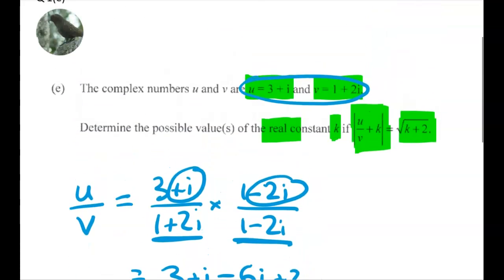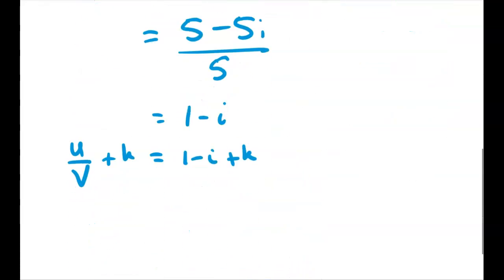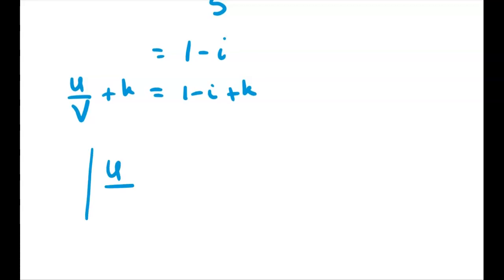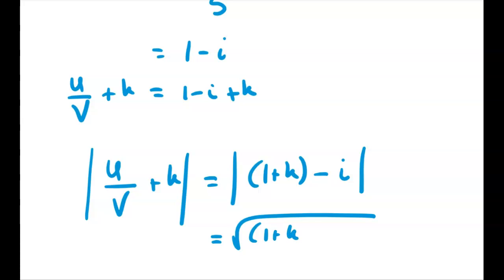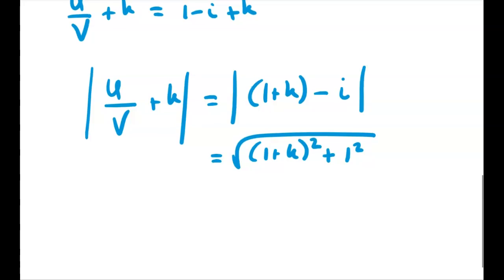And going back to the question, we have to solve this now. So the magnitude of u over v plus k is going to be the magnitude of, grouping the real and the imaginary bits, 1 plus k minus i. And the definition of the magnitude means I've got the square root of (1 plus k) squared plus 1 squared.